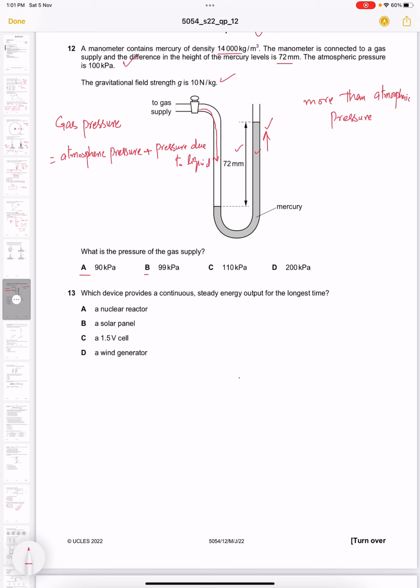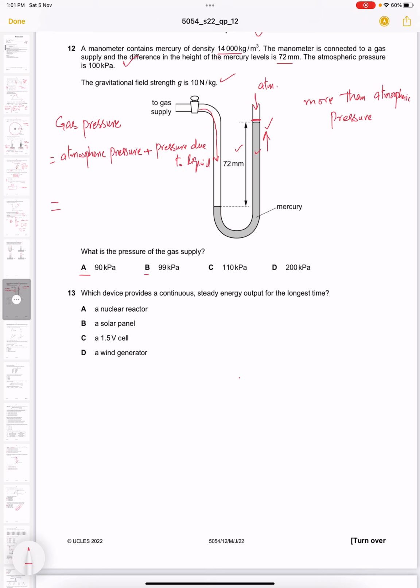Why have we added both of these pressures? Because since this gas supply is pressing mercury and it is open from this end, open means atmospheric pressure is acting from this side. But since this gas pressure has lifted mercury, it means this pressure is more than atmospheric pressure. Even if it is equal to atmospheric pressure, this mercury level will not rise upwards.